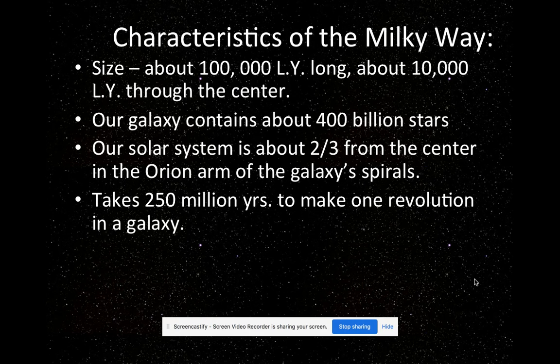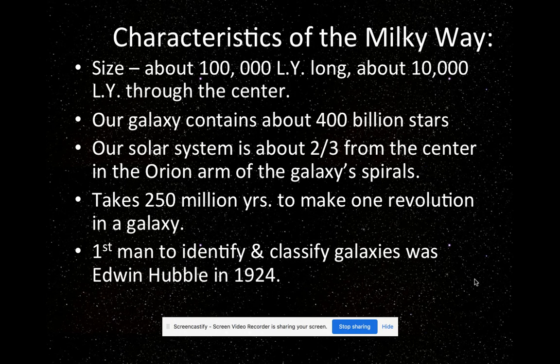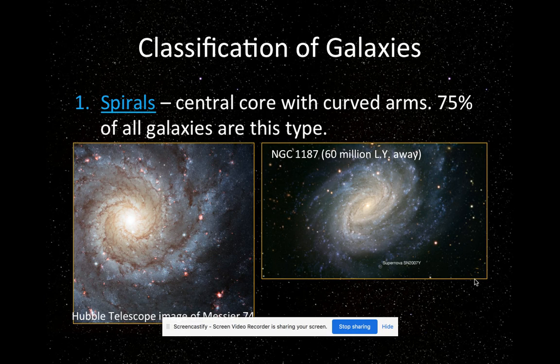So, a huge, huge amount of time just to take one full spin. The first person to identify and classify galaxies was no other than Edwin Hubble in 1924, and that's what the Hubble telescope is named after.